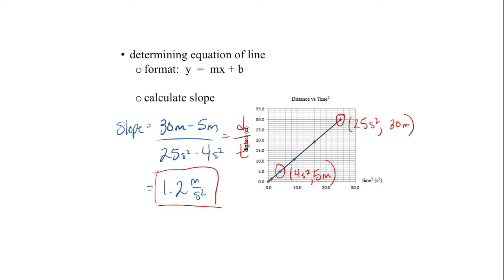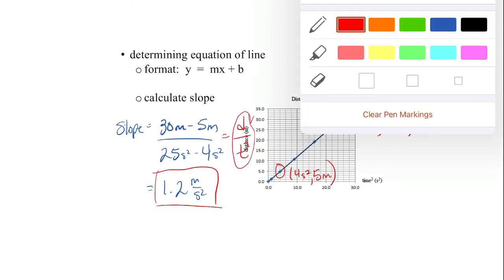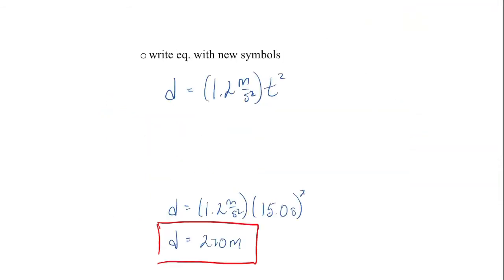So it's always good to recognize, oh, that's my slope. Because then this is something that you didn't do at all in Physics 20 that you're going to be doing more often here. Okay, so please pay attention. You're going to be taking an already existing equation and you're going to be looking for this in the equation, d over t squared, okay?